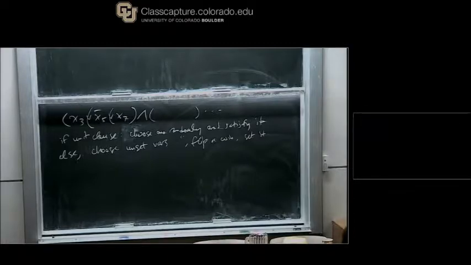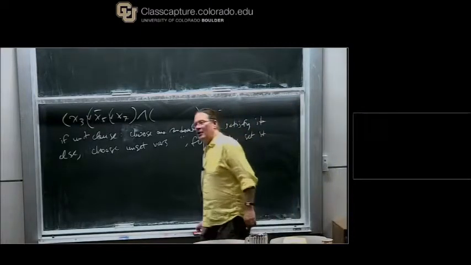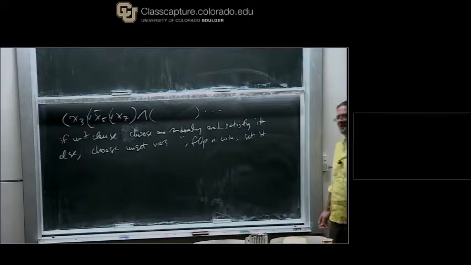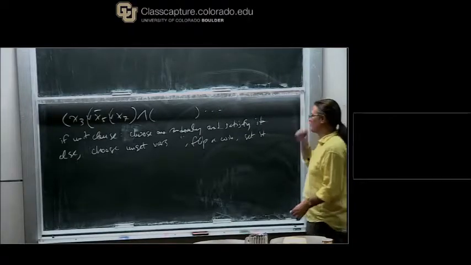Okay. So this is about the silliest algorithm you can imagine. It does not attempt to look ahead. It does not backtrack if it makes a mistake. But it will turn out to work up to a certain point.